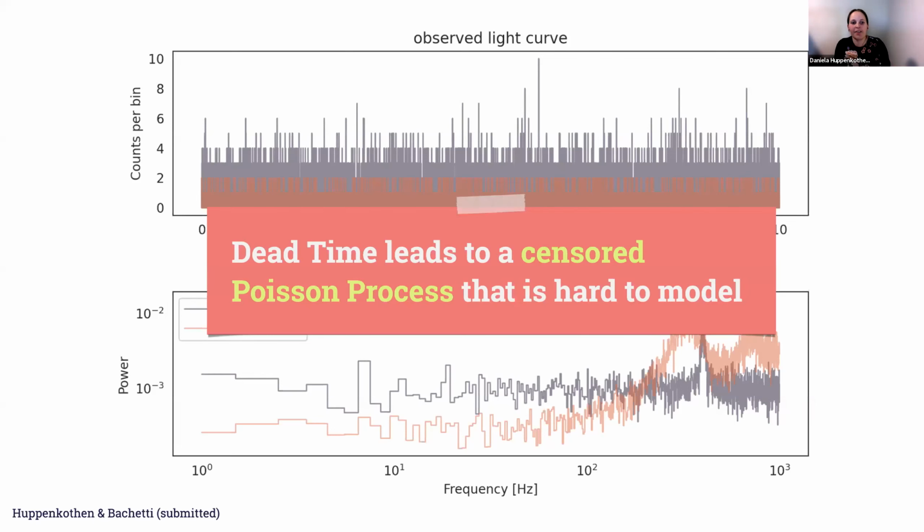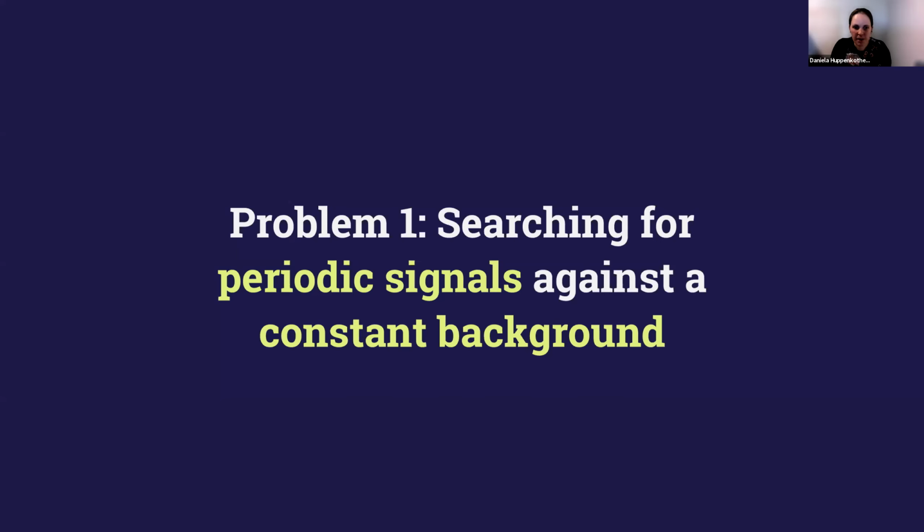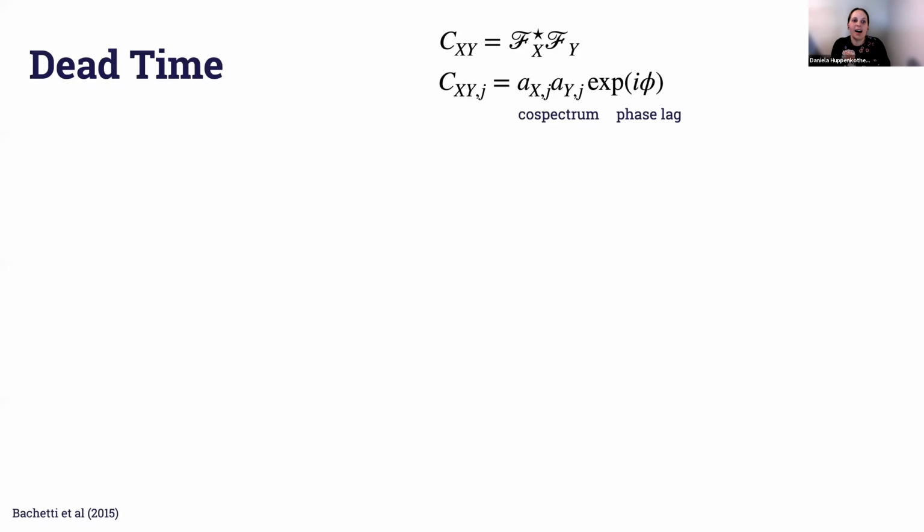And so what you end up having is this censored Poisson process that is very hard to model in practice, because these sources show lots of rapid variations in brightness, and this effect is very much dependent on the instantaneous brightness. And so if you want to search for a periodic signal against a constant background, which is always the simplest thing that you can try, and that background is very bright but constant, and if you have two identical detectors, which NuSTAR happens to have, you can exploit the real part of the cross spectrum that we told you about earlier.